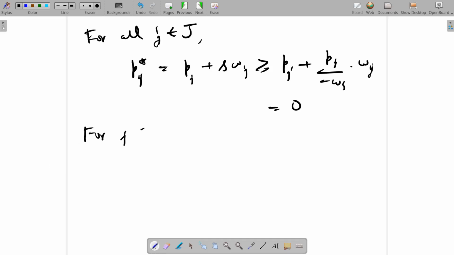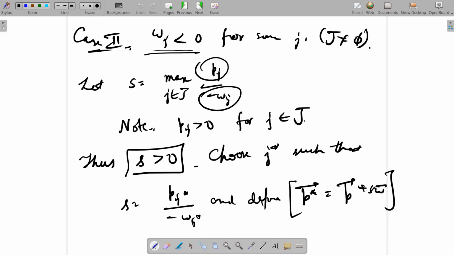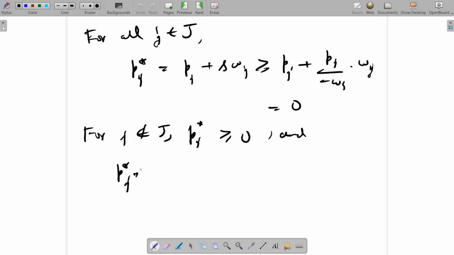Okay, so for j not in J, we have pj star is bigger than or equal to 0, and for that particular coordinate j star, remember what is j star? J star is the index where s is equal to pj star over minus wj star. So this capital J is a finite set, so this maximum is attained for some index j that we have named j star.